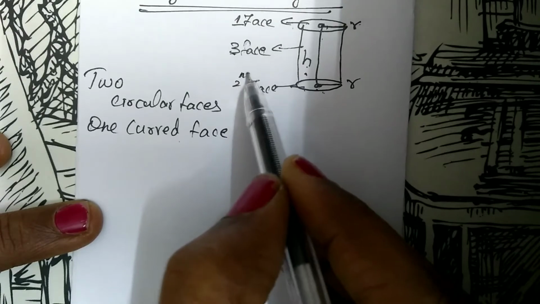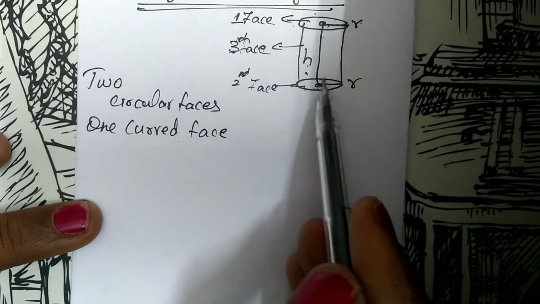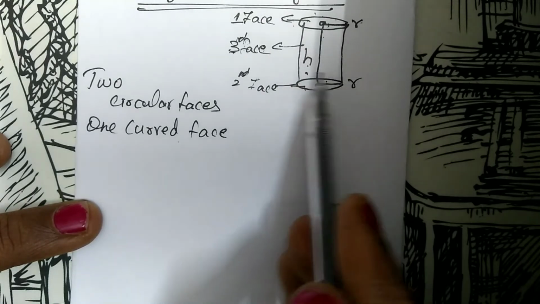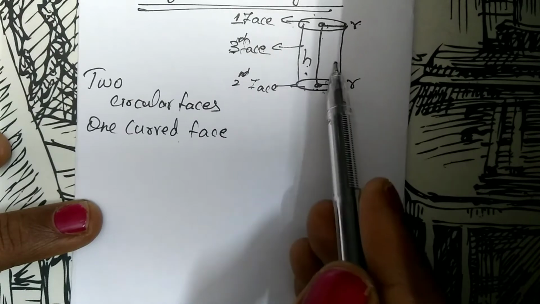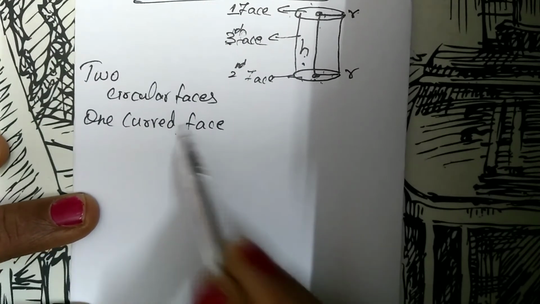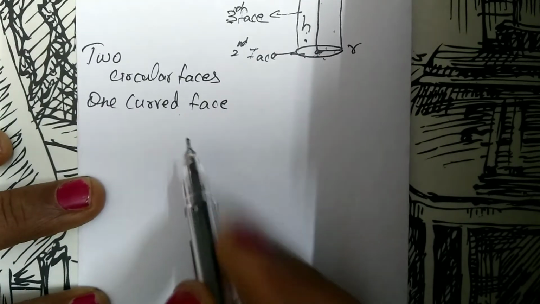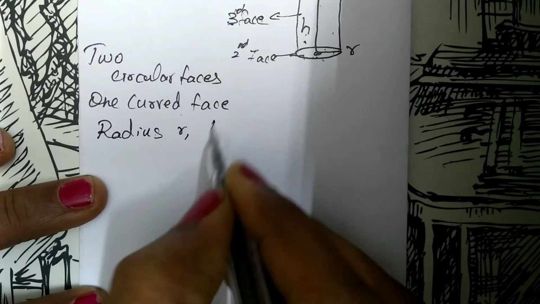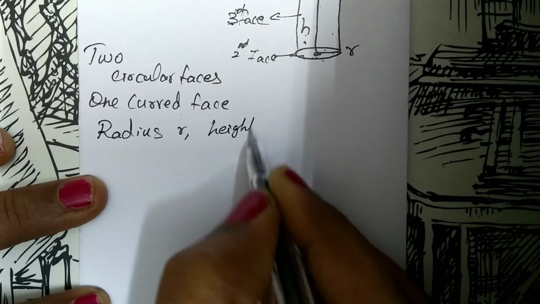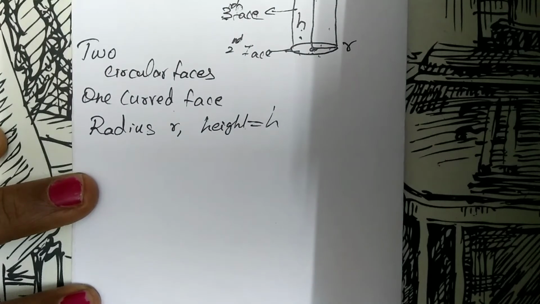The first and second are circular faces, and the third one is the curved surface. So in the cylinder we have two circular faces, one curved surface, a radius r and a height h. Now we learn the formulas for the surface area.